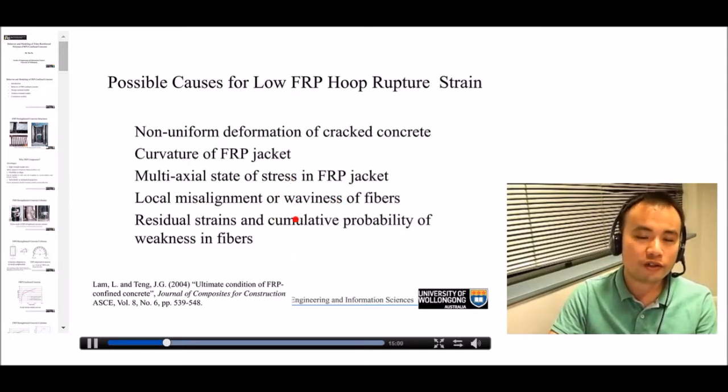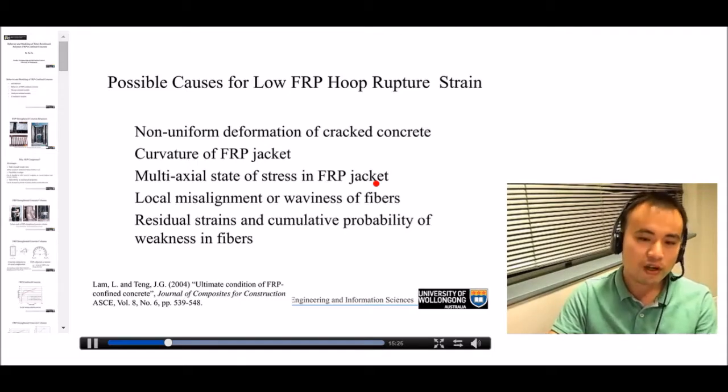The reason for this difference in the rupture strain can be various. For example, it can be because of the non-uniform deformation of the concrete, the curvature of the FRP jacket in a circular column or near the corners of a square column, or the multi-axial state of stress in the FRP jacket.